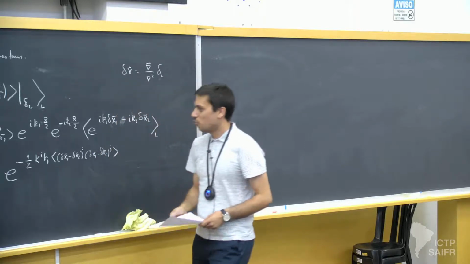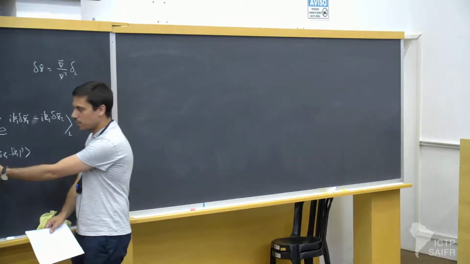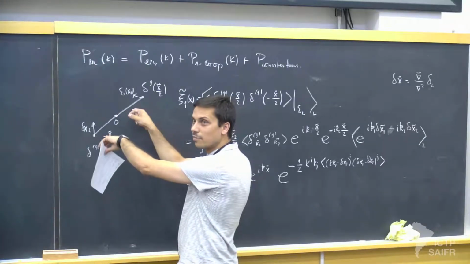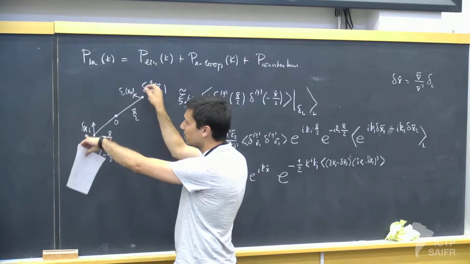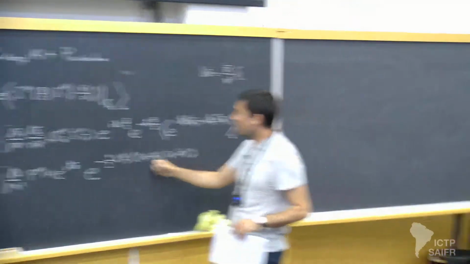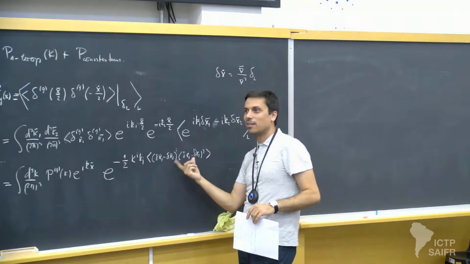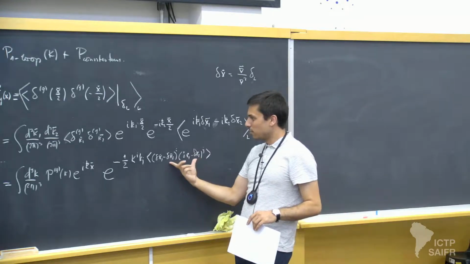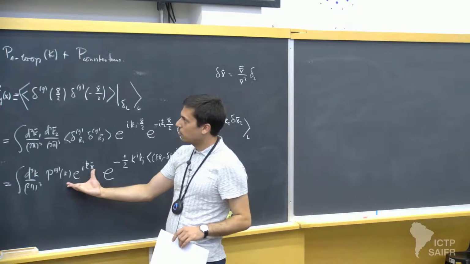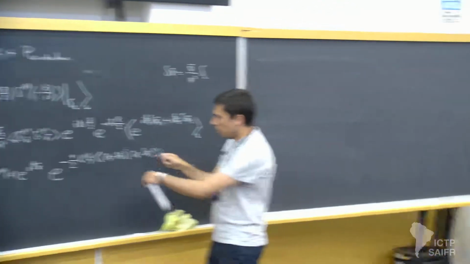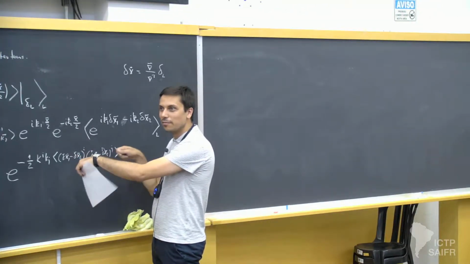So what is this? This is the relative displacement between these two galaxies. The relative displacement tells you by how much this distance changes. And you're calculating the expectation value, or the variance, of this relative displacement in some sense. So on average, you're going to correct your correlation function by something which depends on the variance of these displacements.